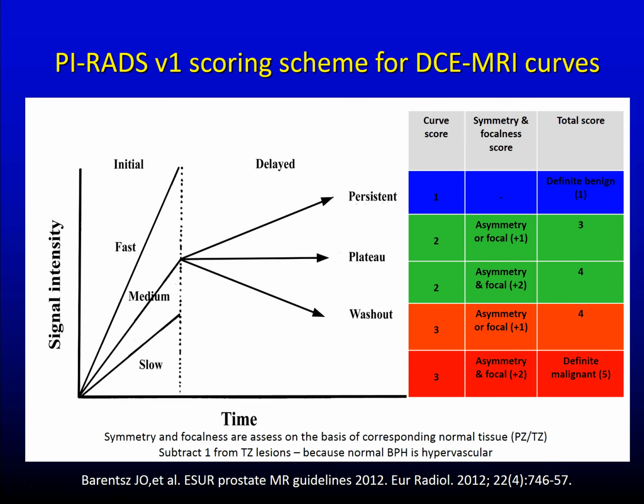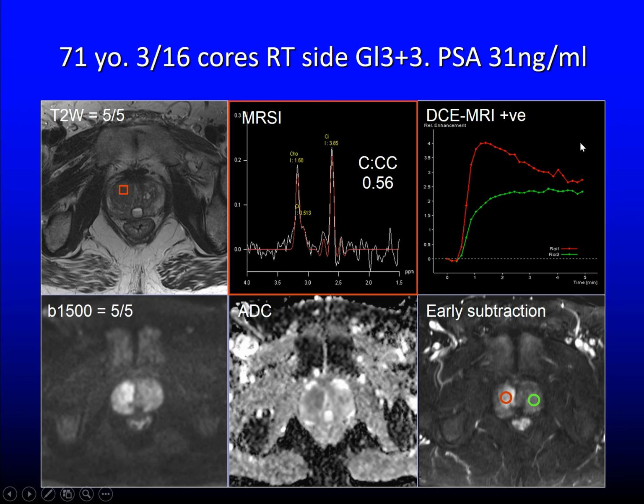And the PI-RADS version 1 used such a schema. Some of us are still using the PI-RADS version 1 score, which uses curve shapes as well as asymmetry and focalness to assign a total score, but this is no longer in the guidelines.